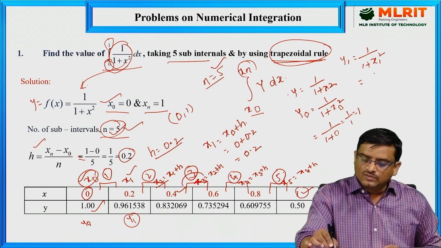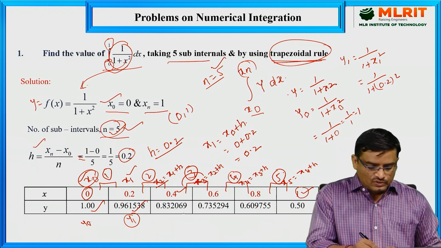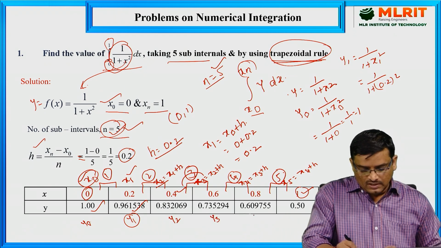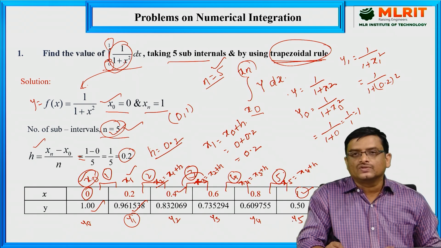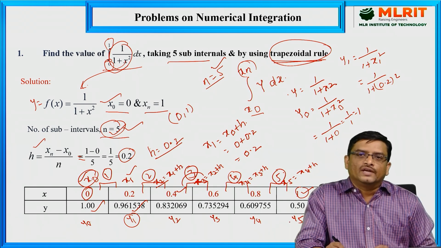This is equal to 1 by 1 plus 0.2 whole square. Now simplify this, you will get our y1 value. Like this, we take y2, you will get y3 and y4, and finally y5 values. Like this, we construct the table using the given data.